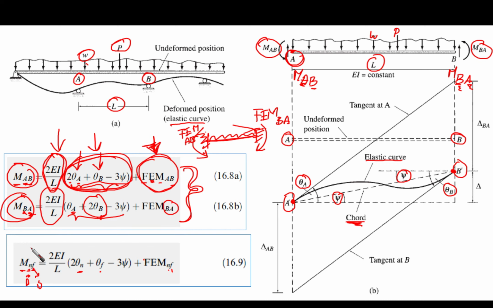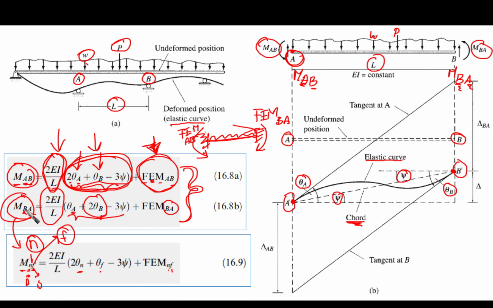So if we apply the second equation here to this general equation, it is the same. MBA, because B is going to be the near. So N stands for near support, and F stands for far support.